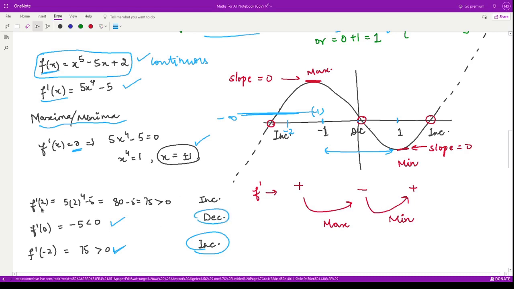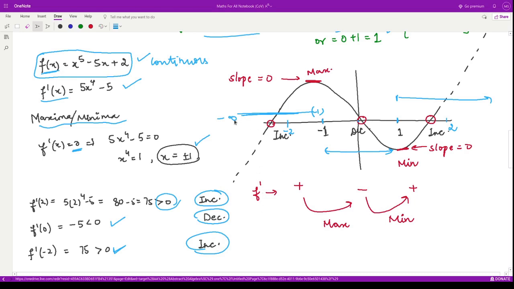And in the interval 1 to infinity, we'll check it at a random point, say 2. At 2 it again comes out to be positive, therefore the function is increasing over here.